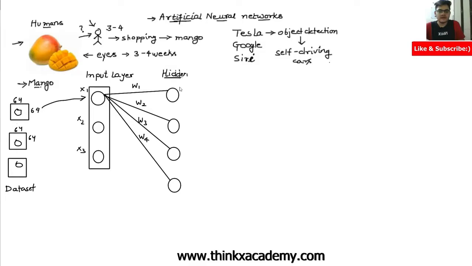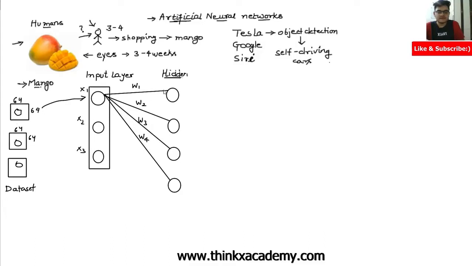Now, the hidden layer is the second layer of our neural network. After making channels from these inputs, we apply some weights to these inputs. Although these weights are not fixed, they will actually get adjusted to make our prediction more accurate, which we will see later on. But here we are making a channel to all the nodes of the hidden layer with the weights, weight 1, 2, 3, and 4.